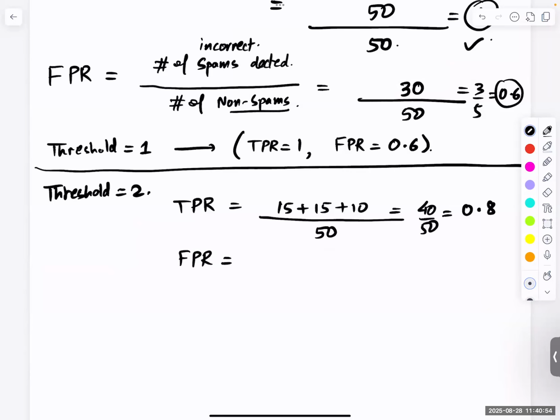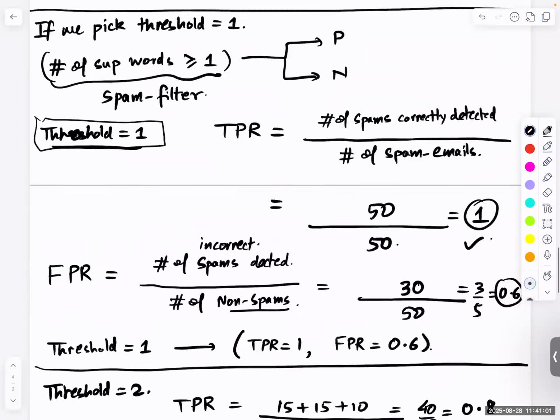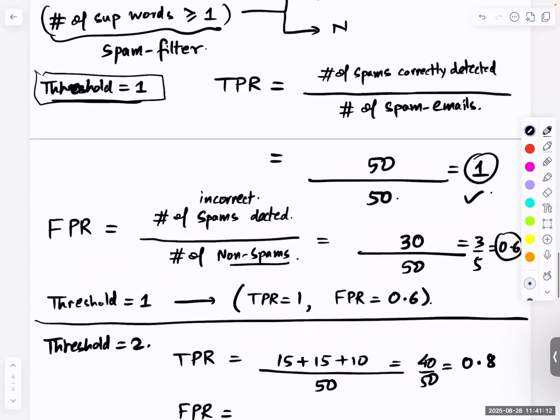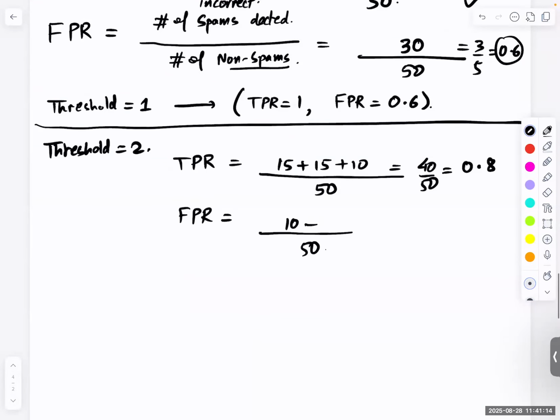And similarly, you can find FPR. FPR will be the number of non-spams that are flagged as spam. So again, denominator is 50. And what will I get? I'm going to only take 10 and 5 and declare them as spam. So the upper 20 and 15 batches will not be declared as spam. So I'm going to get 10 plus 5, so I will get 15 by 50, and I'll get 0.3.